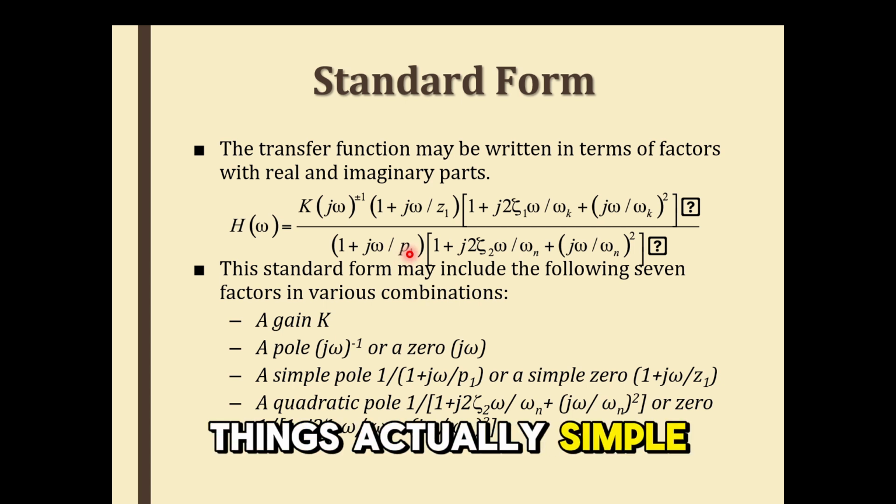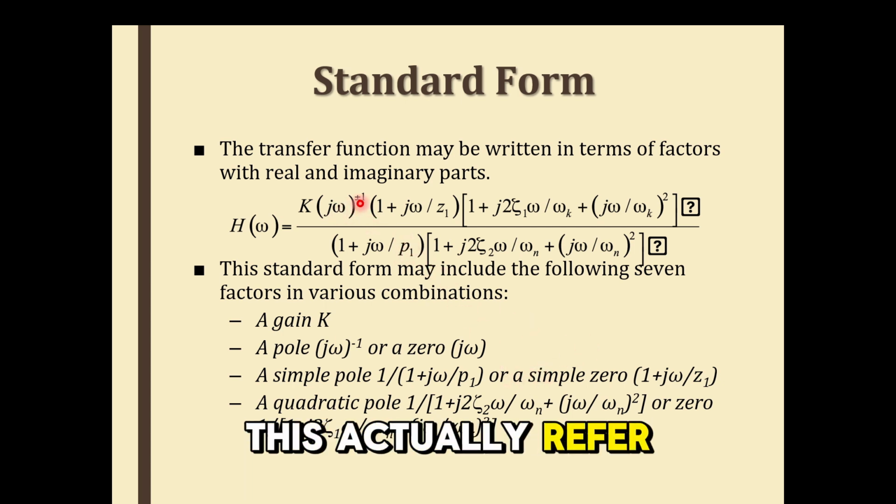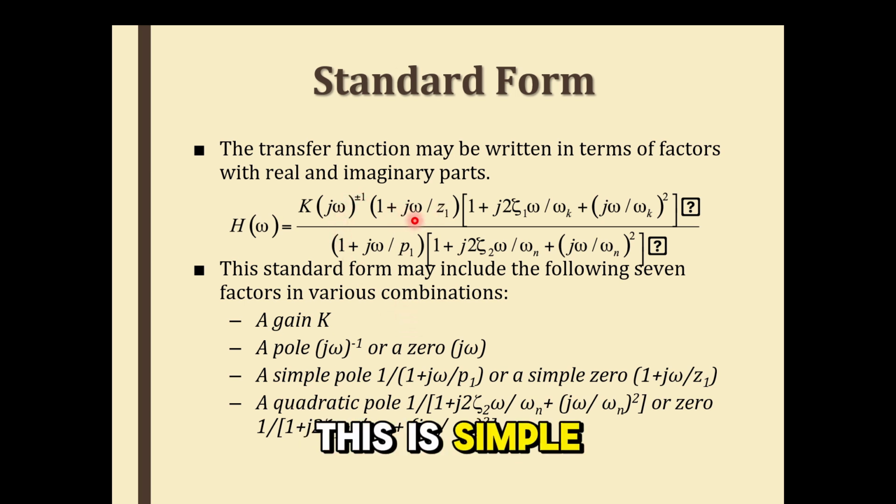There are many things actually. Simple 0, simple pole. This refers to a direct 0, this is a simple 0, okay. The j omega could be on top or on the bottom. That's why we put a plus or minus 1. If it is on top it means 0, at the bottom it means pole, okay.